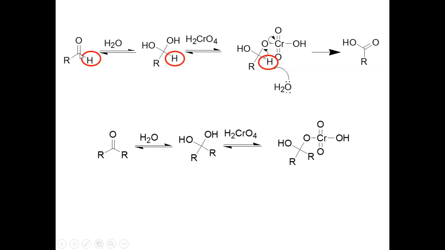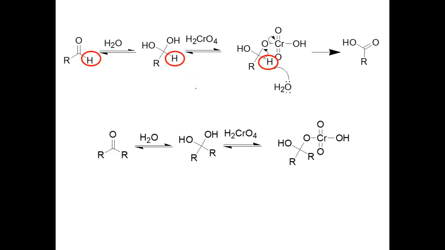And note that in a hydrate, there's one hydrogen bound to the carbonyl carbon. This is important. Once you have this geminal diol, the hydrate of the aldehyde, you can react with chromic acid. Based on the same mechanism we learned in chapter 6, you can consider this a form of Fischer esterification reaction.